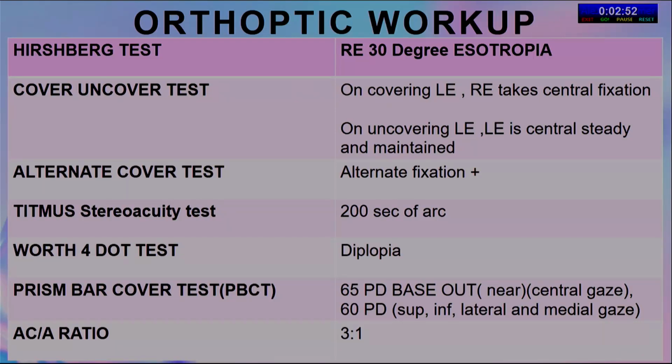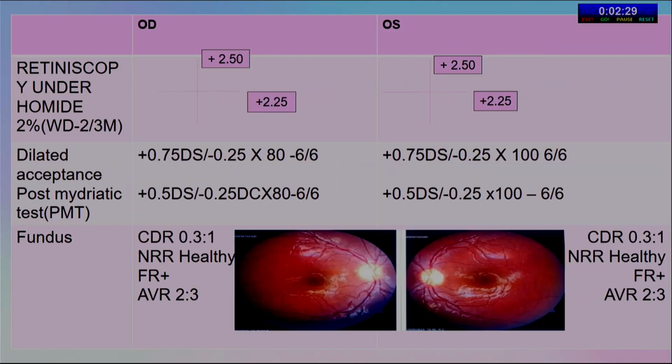On cover test, on covering the left eye, the right eye took central fixation, and on uncovering, the left eye maintained central fixation. On alternate cover test, alternate fixation was present. On stereoacuity test, 200 seconds of arc was present, and diplopia was present on the Worth 4 dot test. AC/A ratio was 3:1. Retinoscopy, acceptance and fundus examination were well within normal limits.